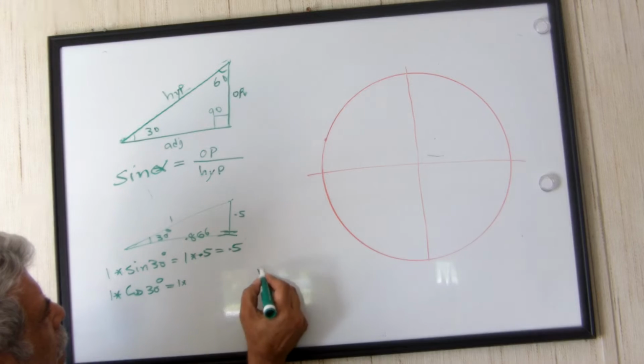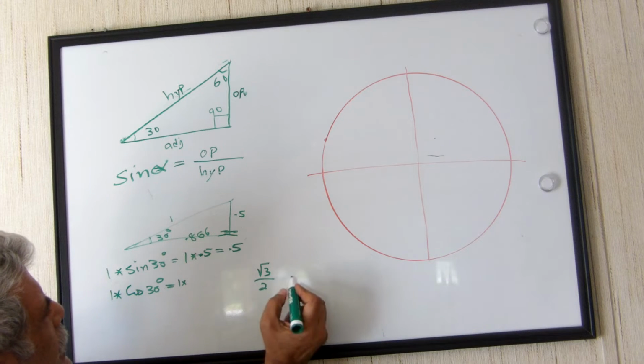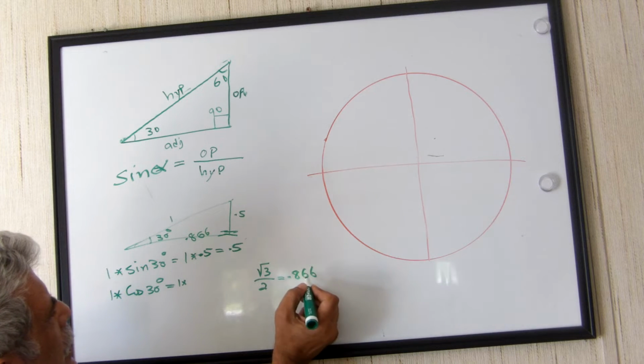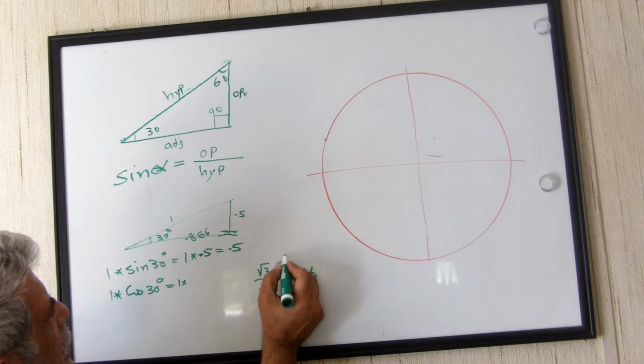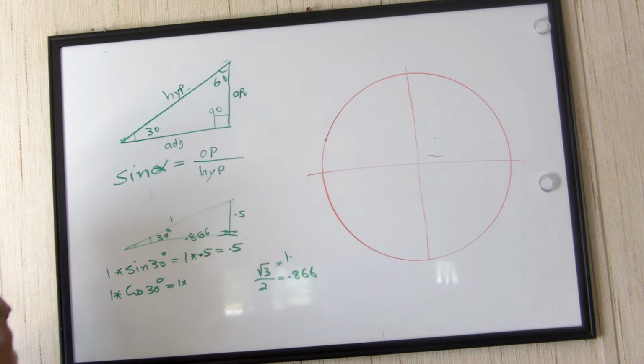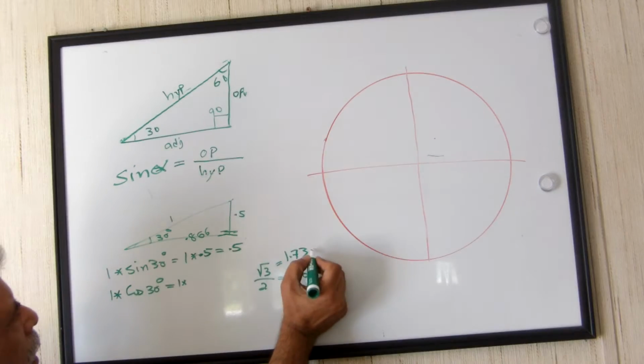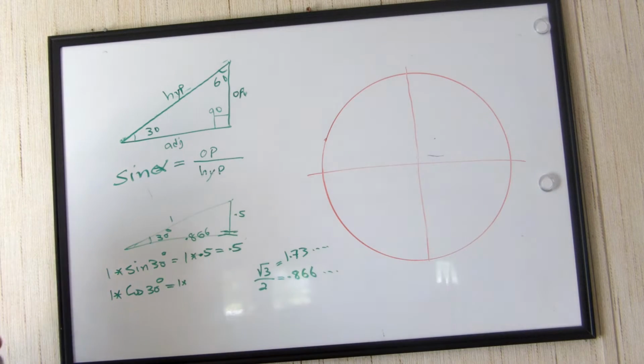This is equal to the square root of 3 over 2, which is 0.866 something, because the square root of 3 is 1.73 something and this continues because the square root of 3 is an irrational number.